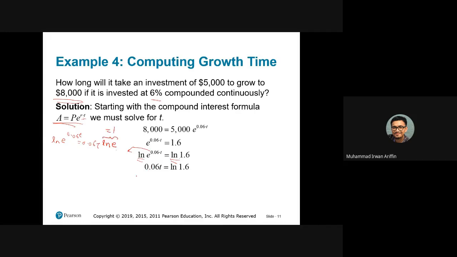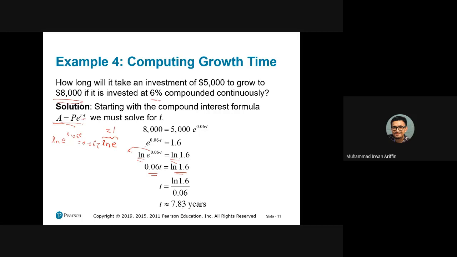So we have 0.06t on the left-hand side, and you find the value simply using your calculator. To solve for t, we divide: natural log of 1.6 divided by 0.06 gives you 7.83 years.